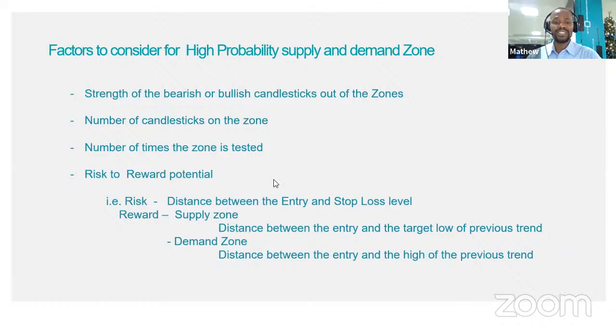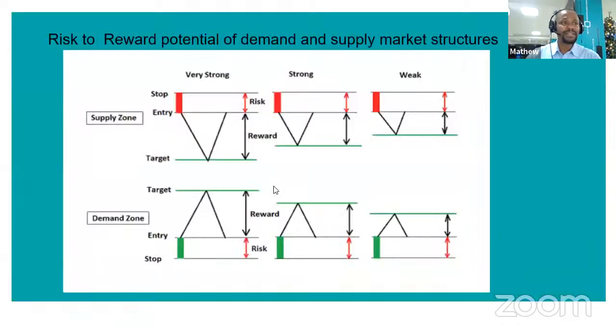Number of times the zone is tested. The fewer the number of times that zone is tested, the more potent it is to give you a good move. Risk to reward potential, we will look at it on the next slide. If you're looking at a supply zone and the likely target is not as big, then you will consider that supply zone weak.